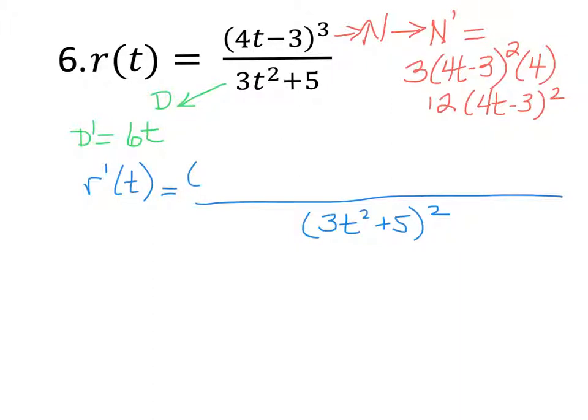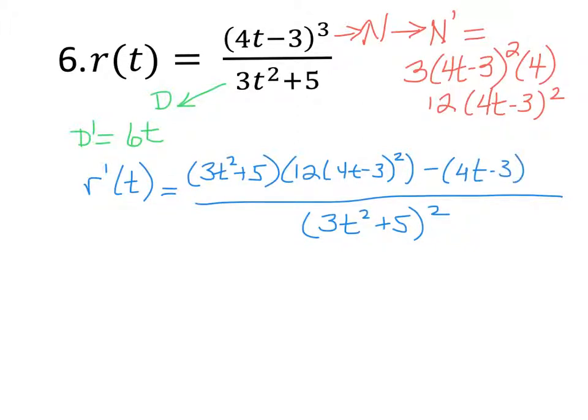And then your numerator is going to start off with 3t squared plus 5 times the derivative of the numerator, which is 12 times (4t minus 3) squared, minus the numerator, (4t minus 3) to the third power, times the derivative of the denominator, which is 6t.